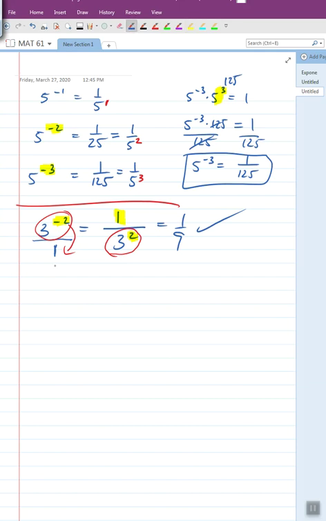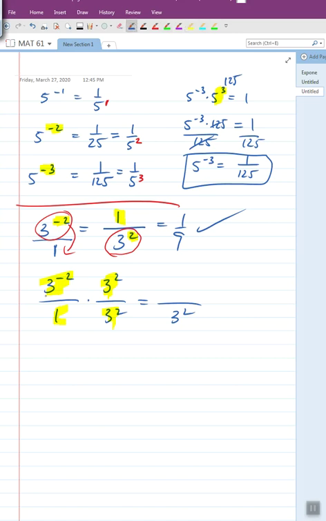Now, just to make sure you see why that's true, if you have 3 to the negative 2 over 1, and you multiply the top and the bottom by 3 squared, the bottom's definitely going to be 3 squared, isn't it? Because it's just 1 times 3 squared. Okay, what do you get when you multiply these two in the top? Since I'm multiplying fractions, I'm just multiplying straight across the top, straight across the bottom.